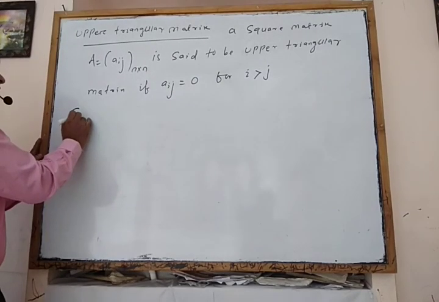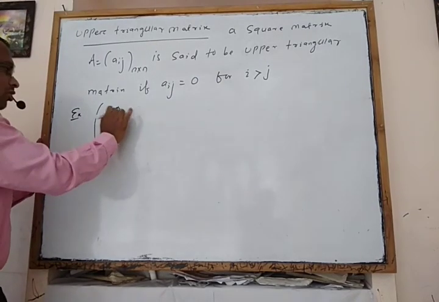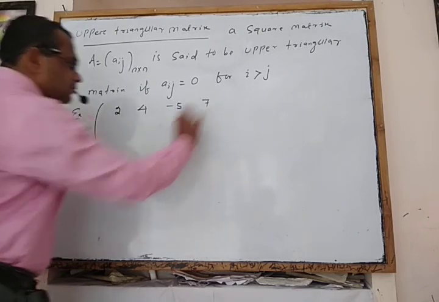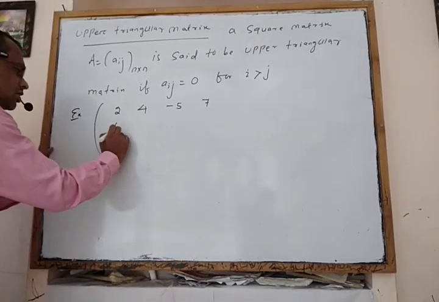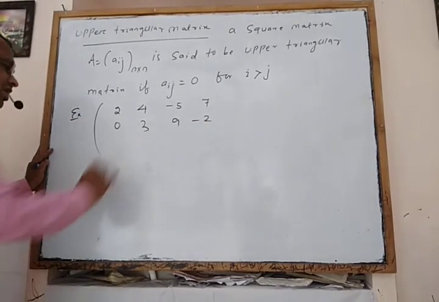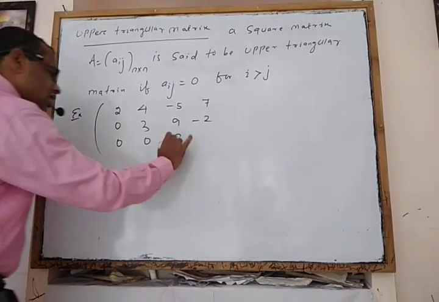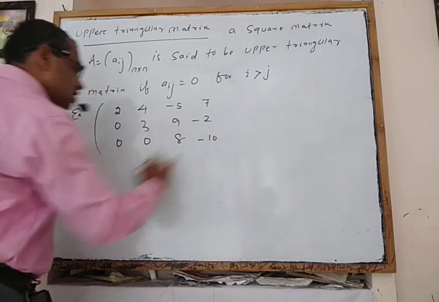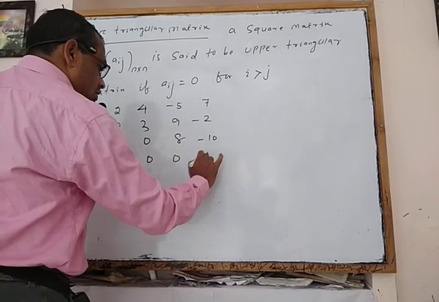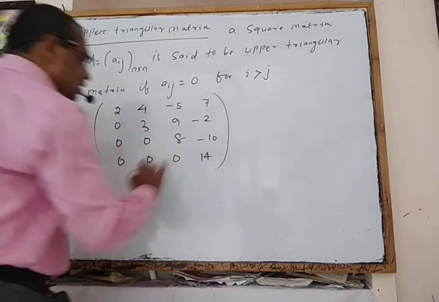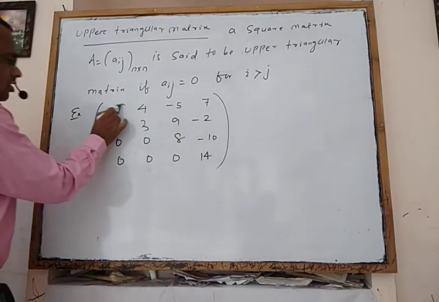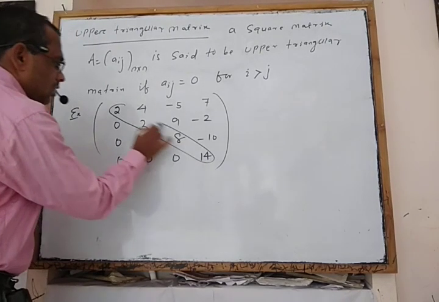For example, 2 4 -5 7, then 0 3 9 -2, then 0 0 8 -10, then 0 0 0 1 or 14. This is called an upper triangular matrix, and these are the diagonal elements.